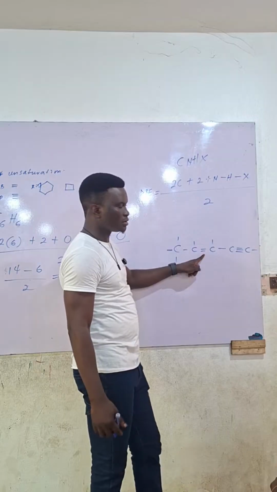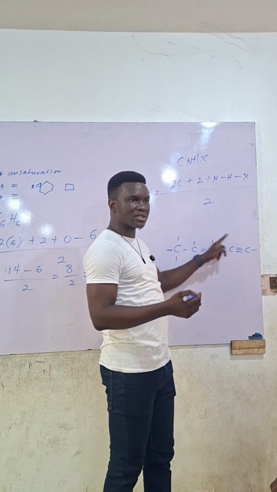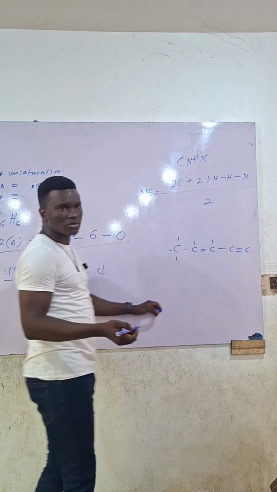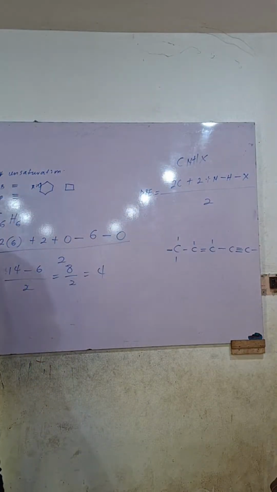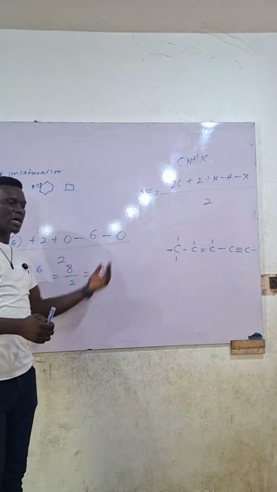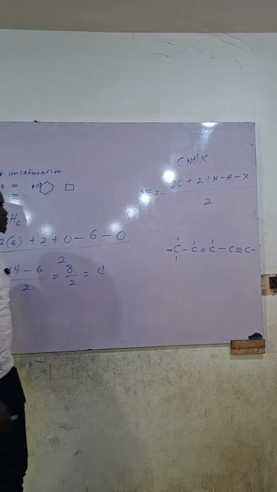Double bond 1, triple bond 2. So the answer should be 3. So you won't have to go through the stress of calculating. So you calculate it, what will you get?